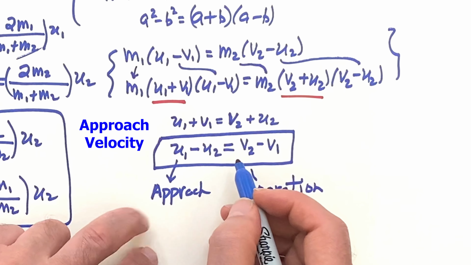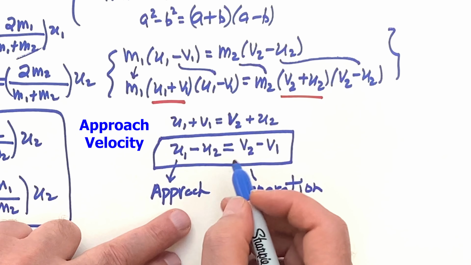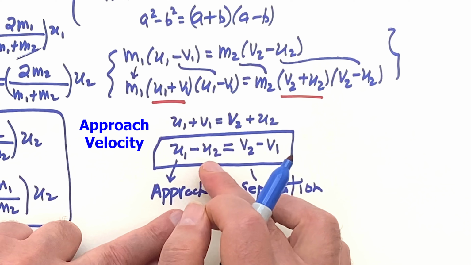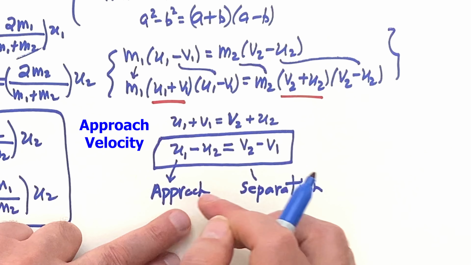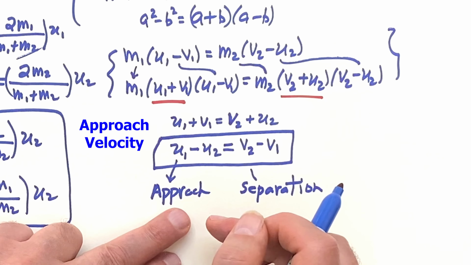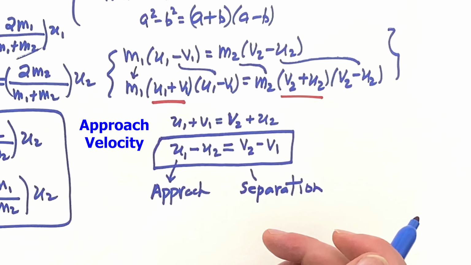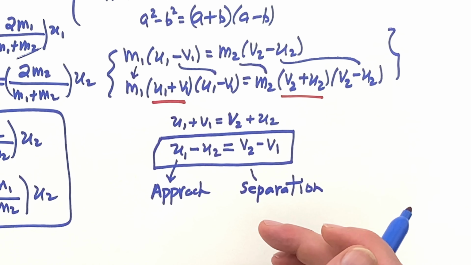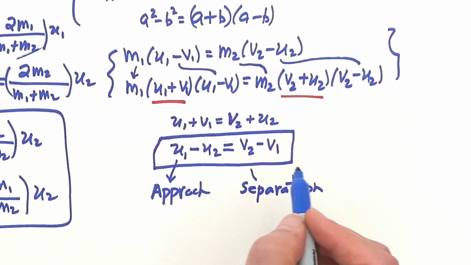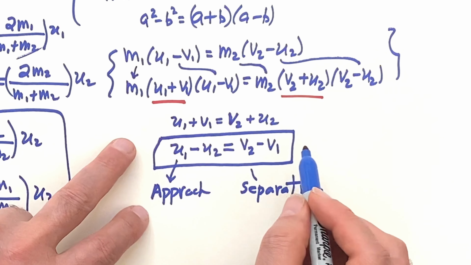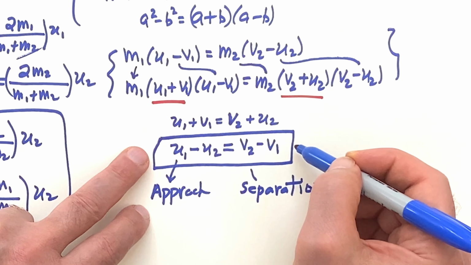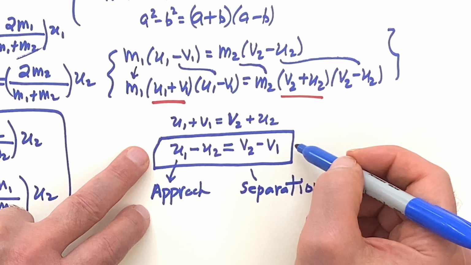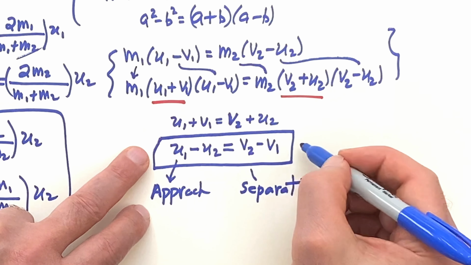And the first problem we did in the last section, we had U2 to be 0. And this is the generalization of the velocity of approach equals the velocity of separation. So what we want to do now is define what V1 and V2 are. And what we're going to do is use this equation. I think the simplest thing is to solve this equation for V2.